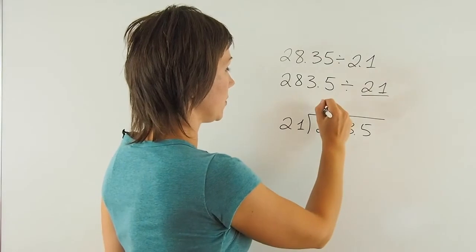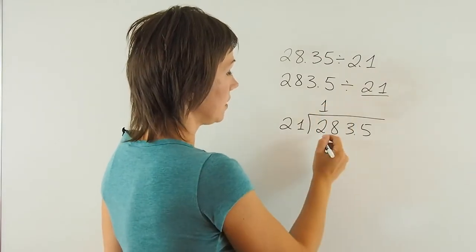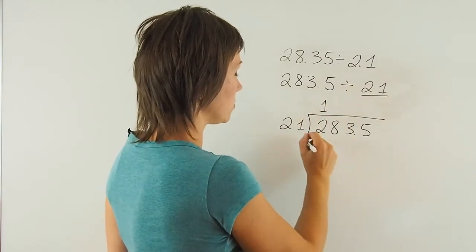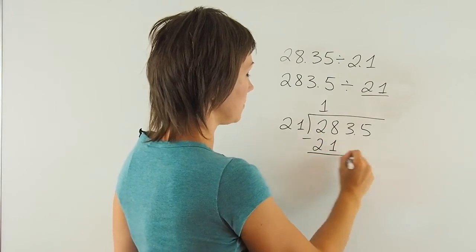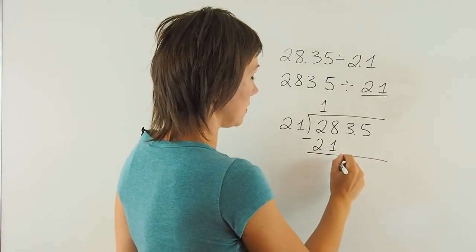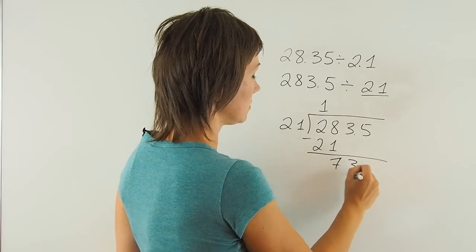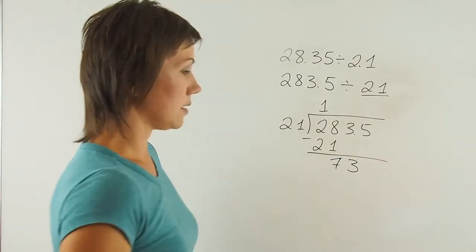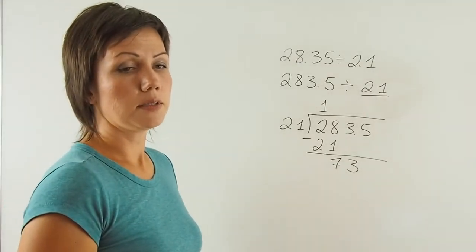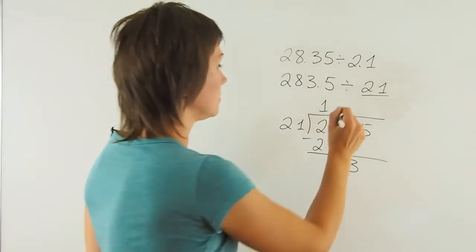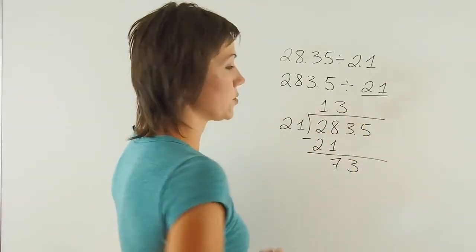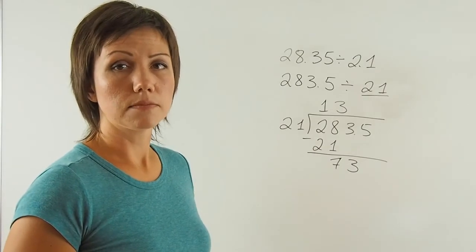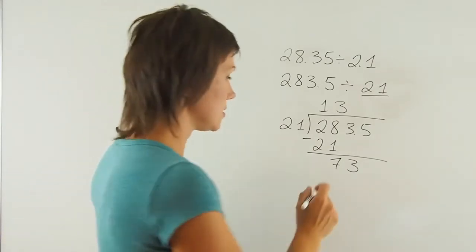28 divided by 21 is 1. 21 goes into 28 once. 8 minus 1 is 7. And now I have 73 divided by 21, and that gives me 3. 3 times 21 is 63.